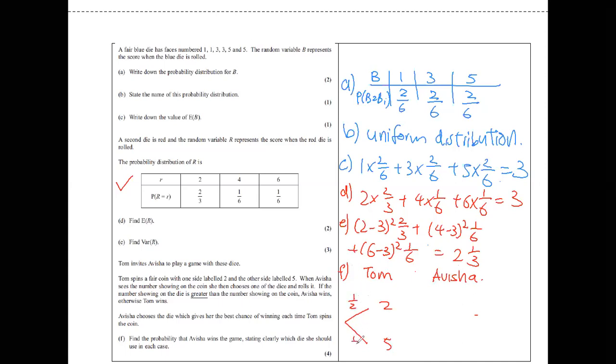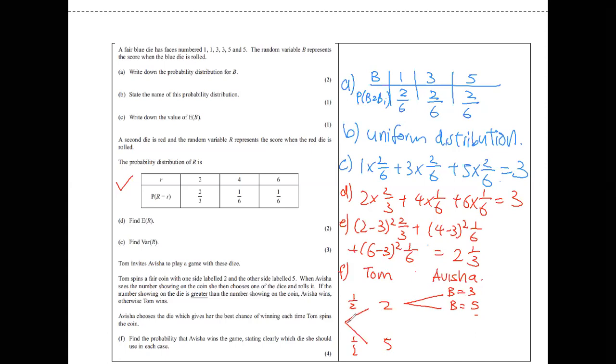Probability of getting 5 is also half because it's a fair coin. Okay, so for Avisha to win the game, there's two choices. She can choose the blue die or the red die. So if she chooses the blue die, she must get a 3 or she must get a 5.